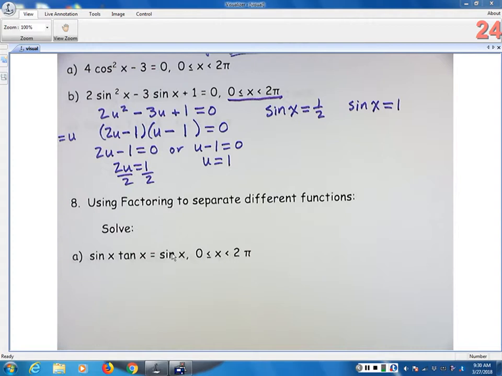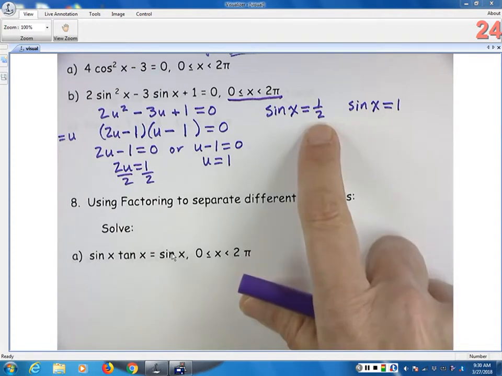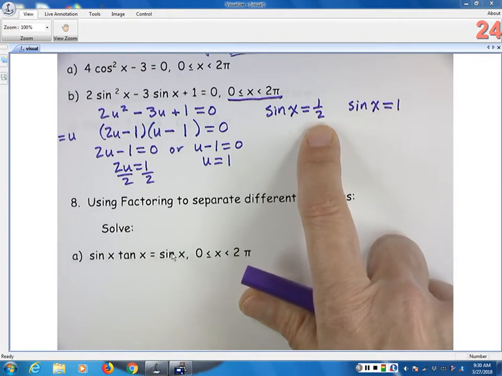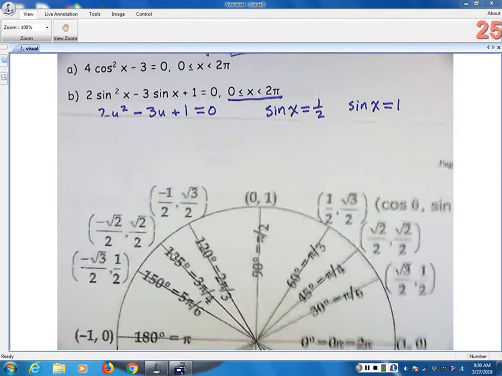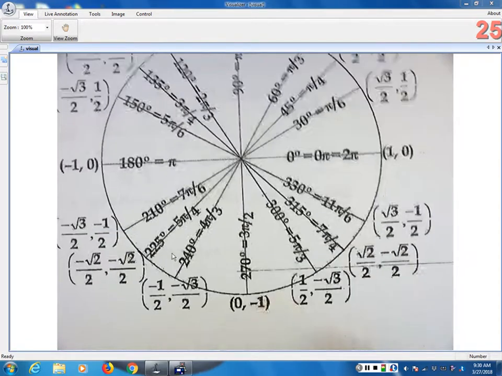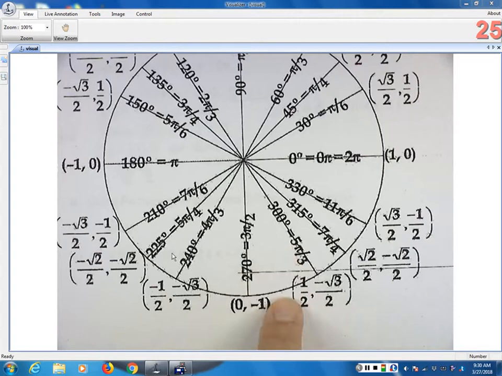Okay, so where is sine x equal to 1/2? Did we already figure this out? That's going to be pi over 3, and 5 pi over 3.